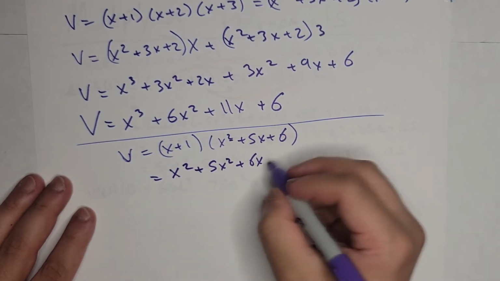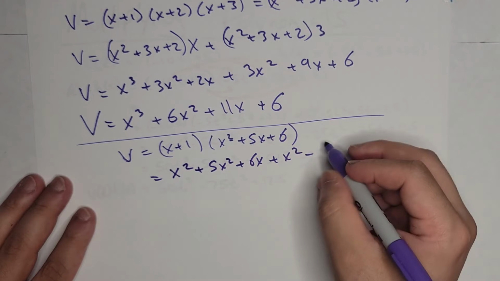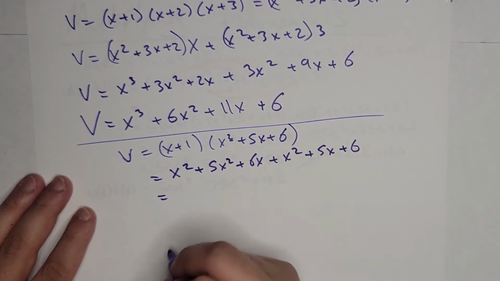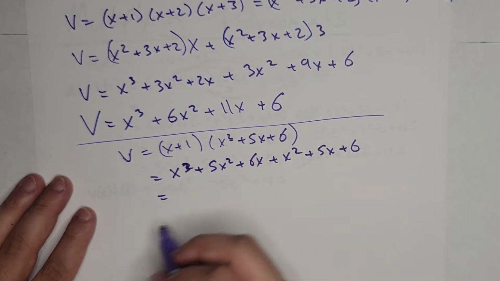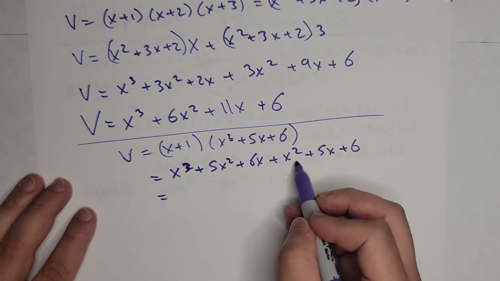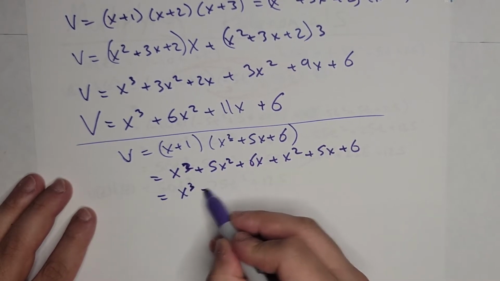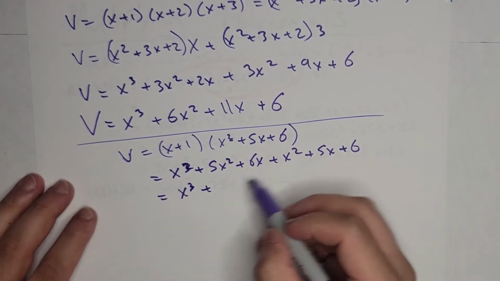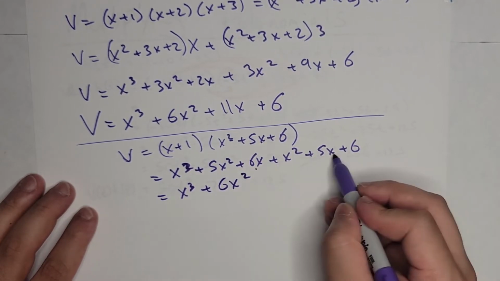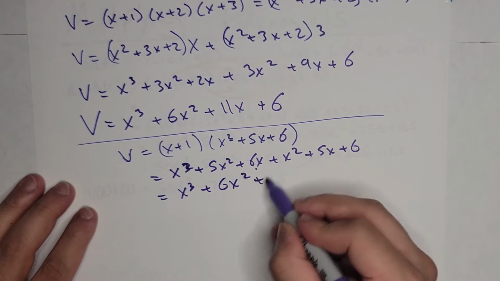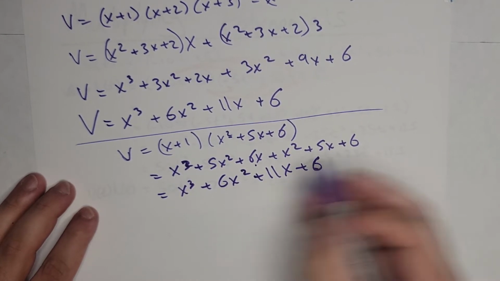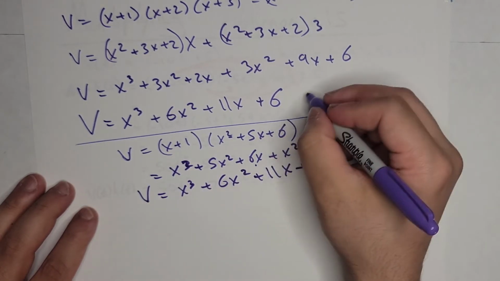And now let's multiply the 1, plus x squared plus 5x plus 6. This should be cubed, sorry. Again, 5x squared plus x squared is 6x squared. I have 6x plus 5x, that's 11x. And I have 6. Same.